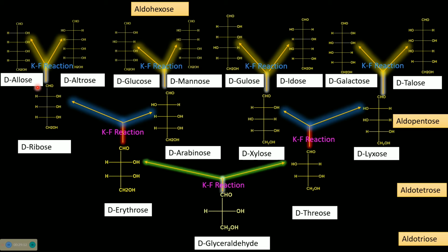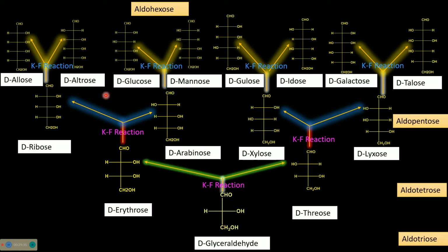You will easily draw the aldohexoses. I think within a few seconds you will draw. When you saw the first slide, I think you were scared, but now within 1 or 2 minutes you will draw all the structures in this way.